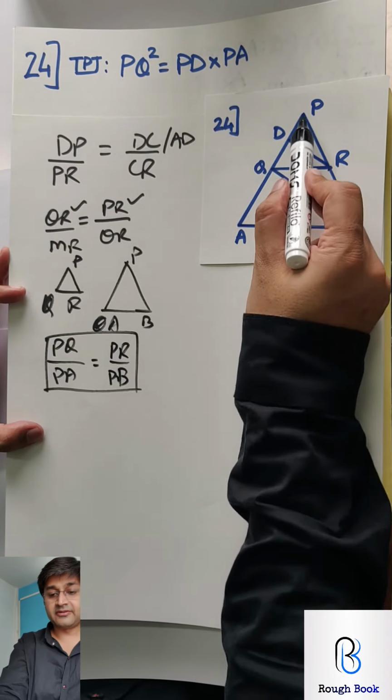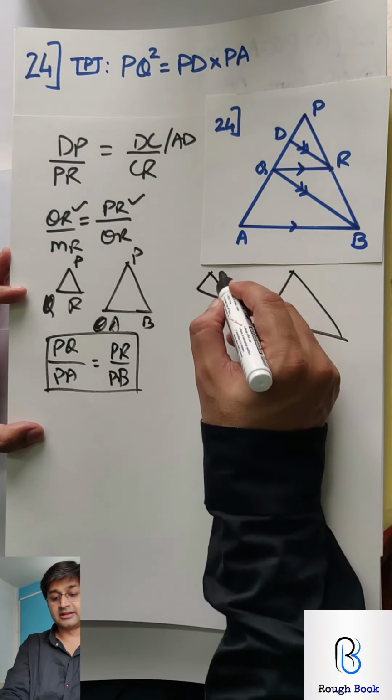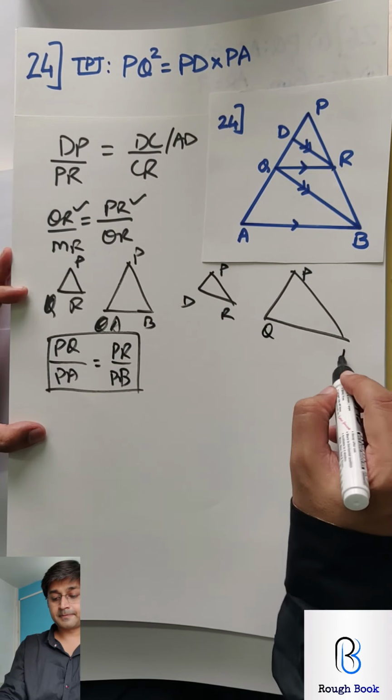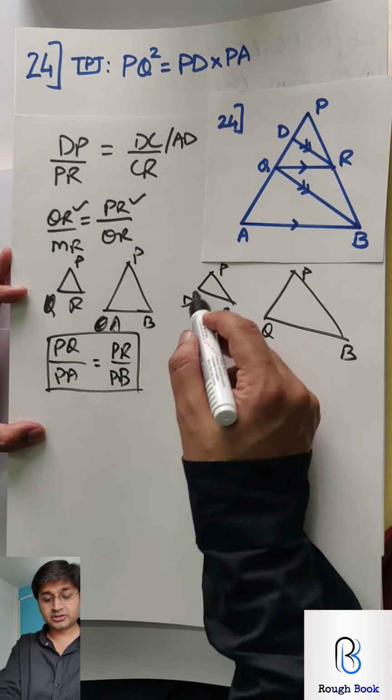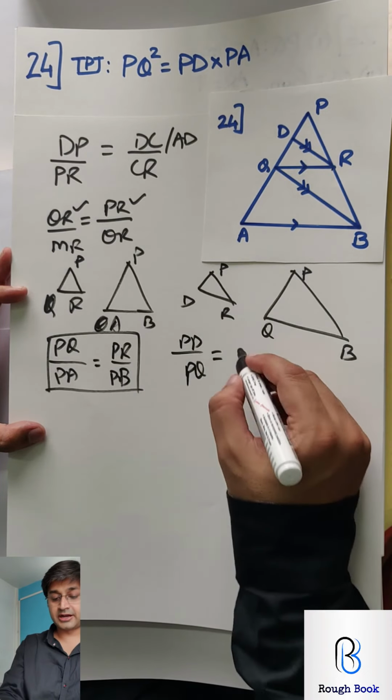In the next lot, I will take PDR, this triangle, and the other triangle, PQB. I will prove these two similar. So I will get PD upon PQ equals PR upon PB.